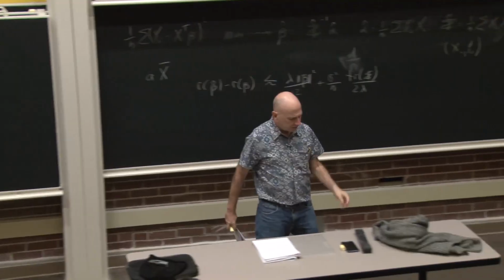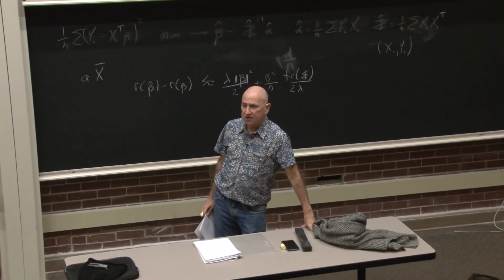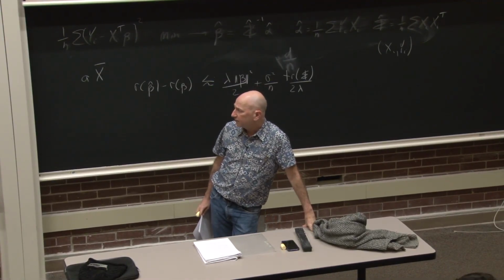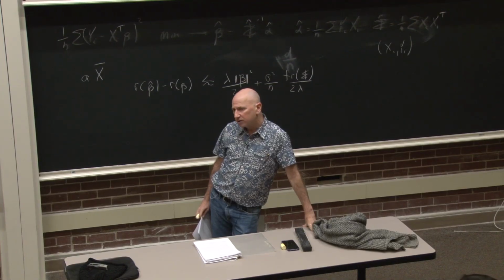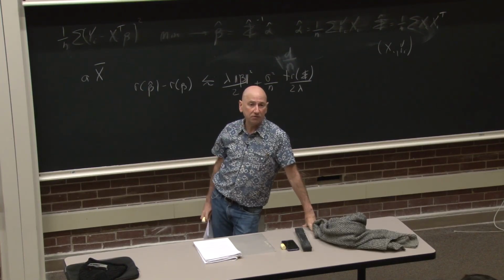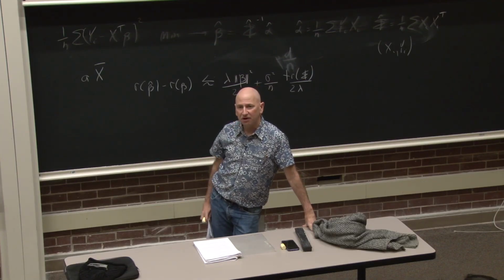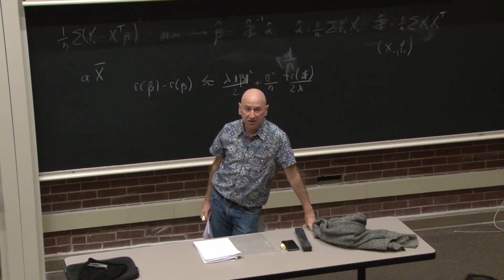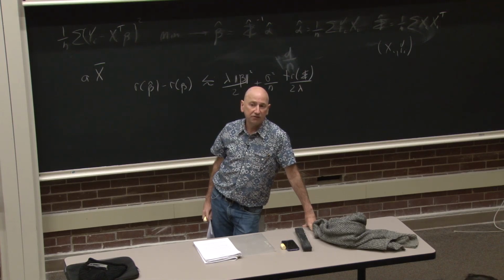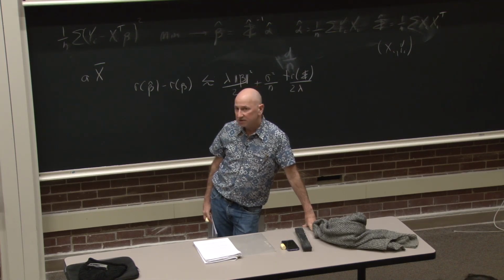And one reason for that is simply because of efficiency. Suppose I'm going forward, now I have to make predictions. If only 18 of the beta hats are non-zero, that means in the future I only have to measure those 18 genes on everybody. Right? So for very practical reasons, it would be very convenient to have a sparse predictor.